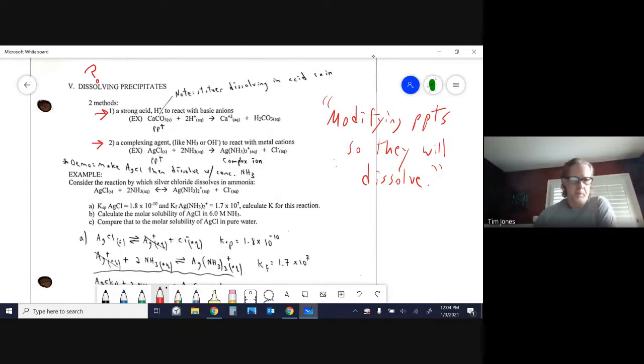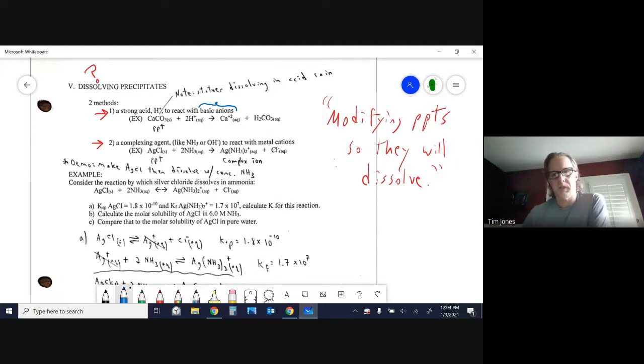The first method is you can add strong acids to modify what are known as basic anions. Now, we haven't gone through the list of what ions are basic when you put them in water and what anions are acidic when you put them in water and what anions are neutral.